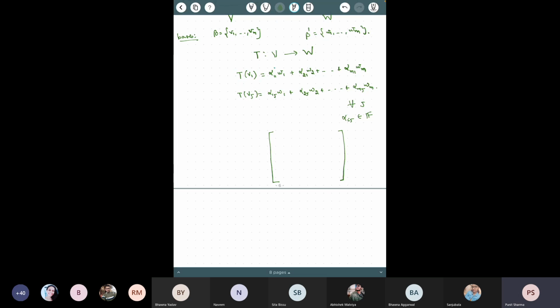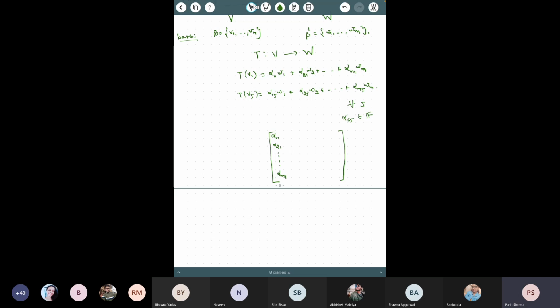So I will collect these coefficients alpha 11, alpha 21, and so on up to alpha m1, and put them as the first column of this matrix.